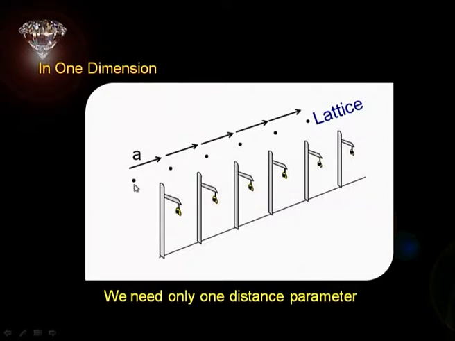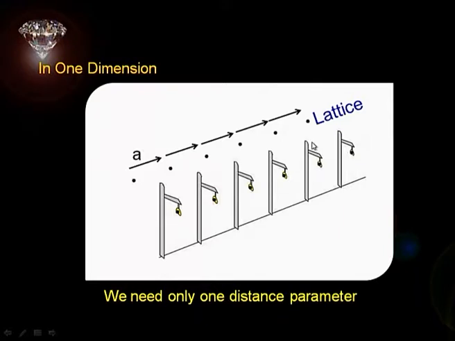From here, if I put a repeat distance of say 5 millimeter or 5 centimeter and keep doing it, I will get the next lattice point. That means in principle, such a regular arrangement in one dimension can be represented in terms of a series of points in one dimension. Such a representation is called a lattice.